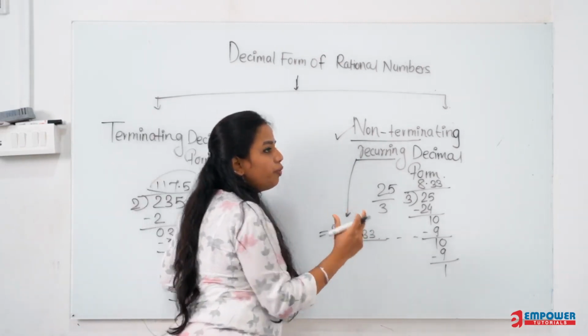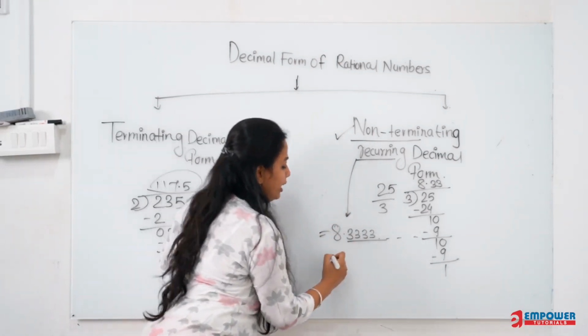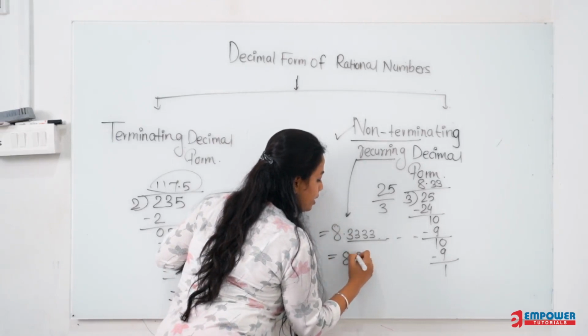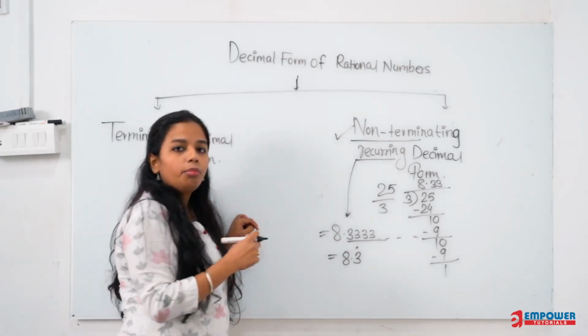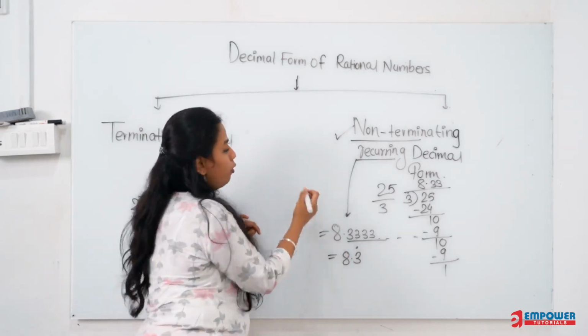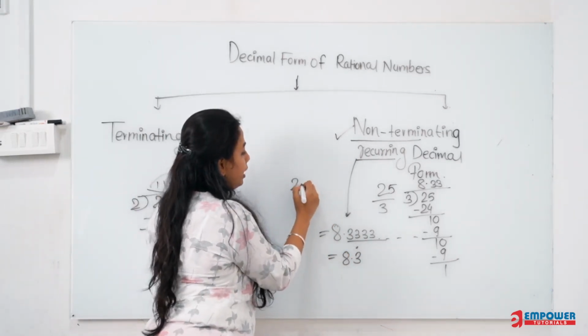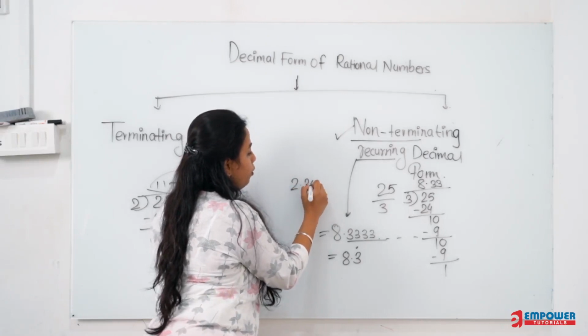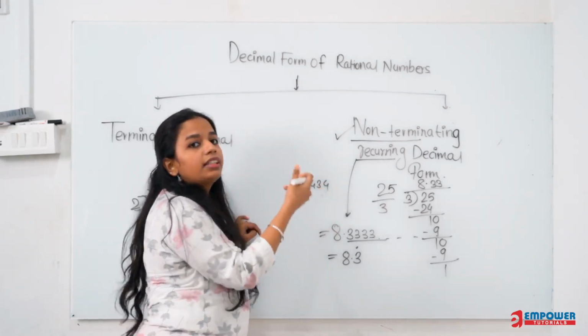At some point you will see that in this case only 3 is getting repeated, so I can represent it with the help of a dot. But in some cases you may get some pattern. For example, in some cases you might get an answer like 2.3434, so 2 digits are getting repeated.